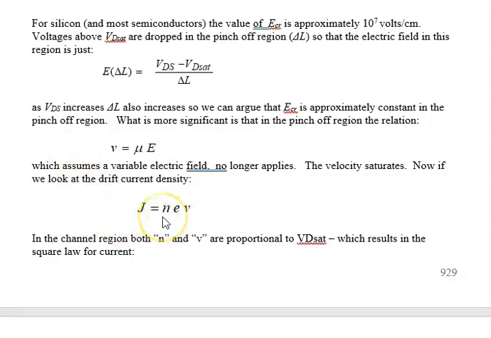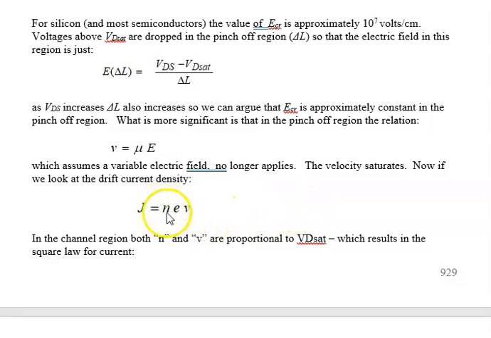Now N is proportional to VD sat because N is just the number of charges per cubic centimeter, and the number of charges per cubic centimeter is proportional to what else? The doping density. The doping density is proportional to the gate voltage. The higher the gate voltage, the higher the inversion charge, and the higher the VD sat, because VD sat is equal to the gate voltage minus the threshold voltage.